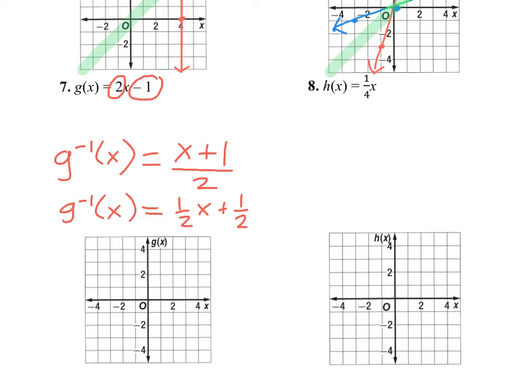Okay, graphing the original. The original has a y-intercept of -1 and a slope of 2. So up 2 over 1 as many times as you can fit on the graph. Down 2, left 1 is how you go the other way.